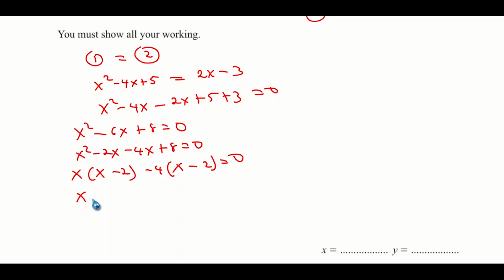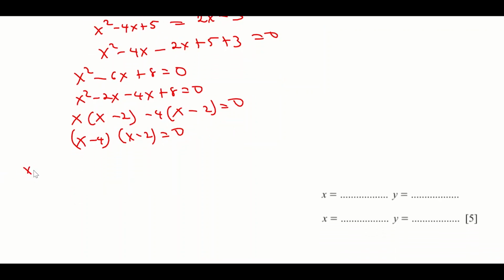So it means x minus 4 into x minus 2 equals 0. That means x minus 4 equals 0, or x minus 2 equals 0. So from here, x equals 2 or x equals 4.